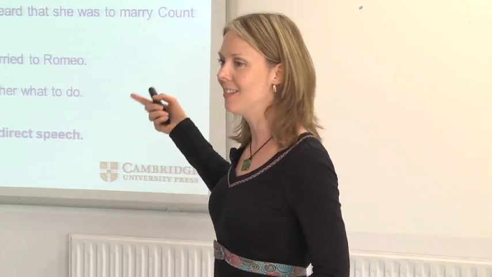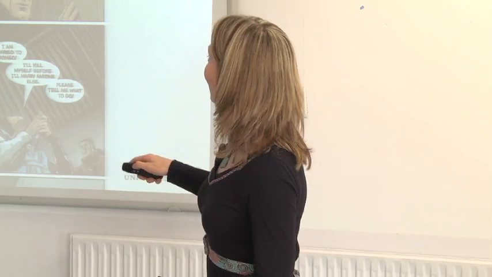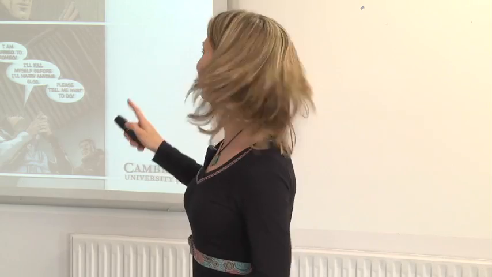Okay, so Juliet asked the friar to shut the door. What did she actually say? Shut the door. So then we can go back. Please shut the door, of course. But then they can compare the direct version with the reported version and try and work out the rules and the different verbs that we use when reporting, etc.